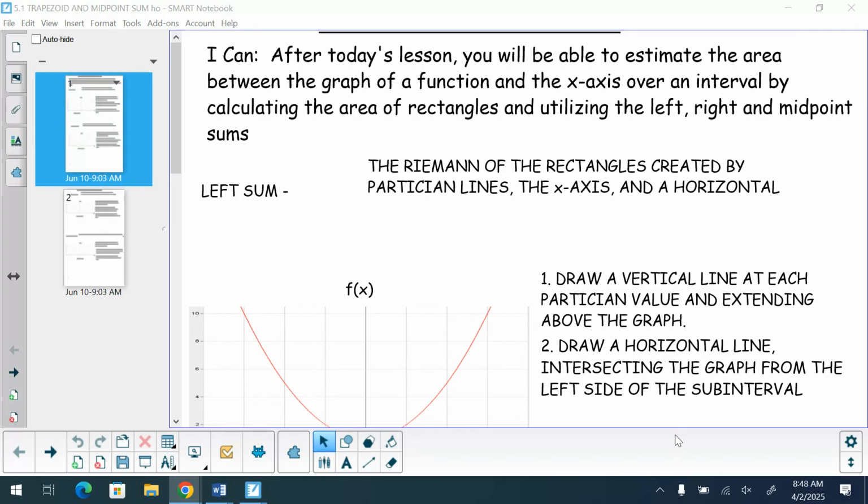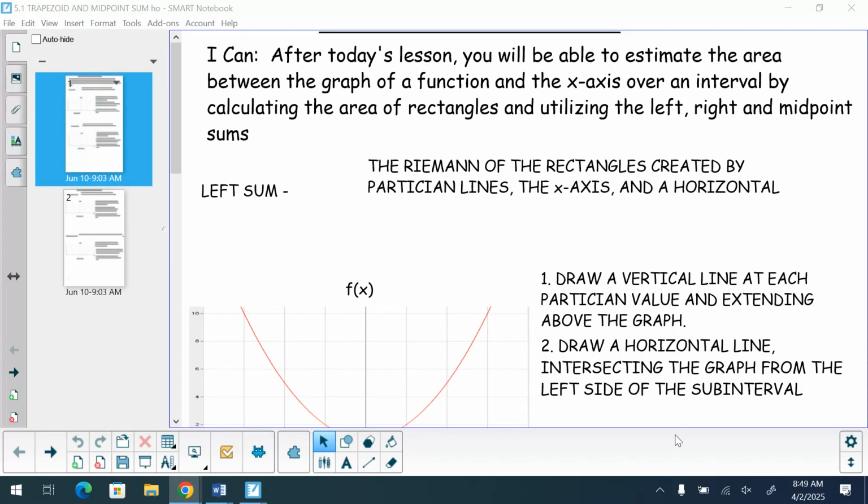I'm not going to make my subintervals very small because it takes time to go through subintervals that are a quarter or a half or a tenth. But knowing that, you can calculate with smaller subintervals, those upper and lower sums, or the sums that we go through today. This will be a little bit nicer for you because we have 4 different sums to deal with today: a left sum, right sum, midpoint sum, and a trapezoid sum. 4 different types of sums.